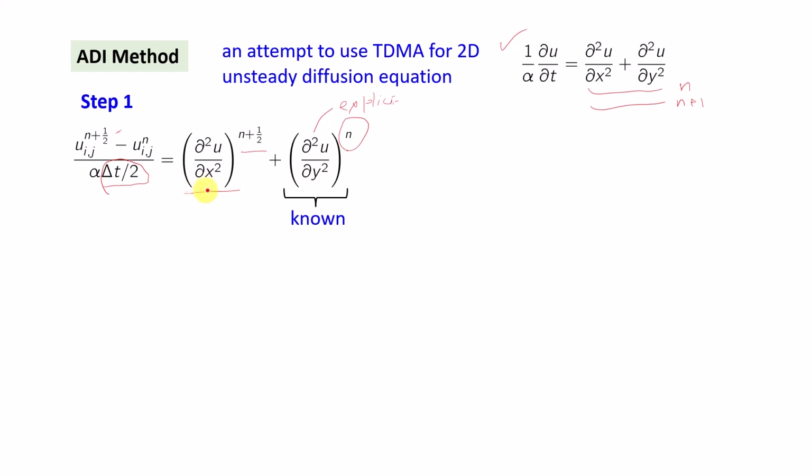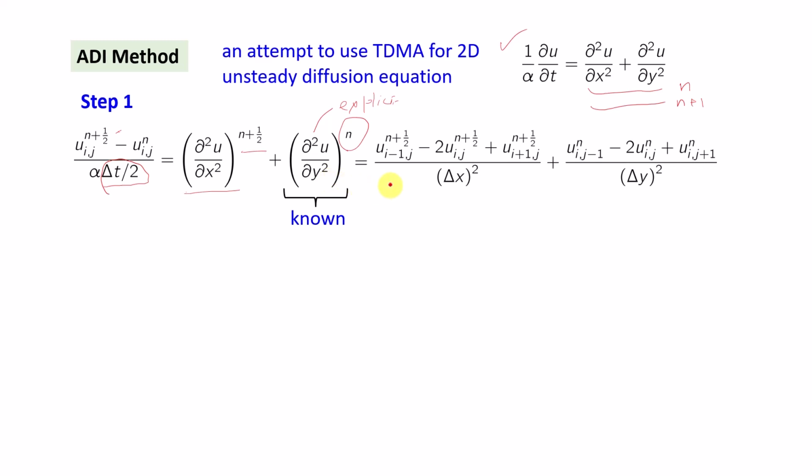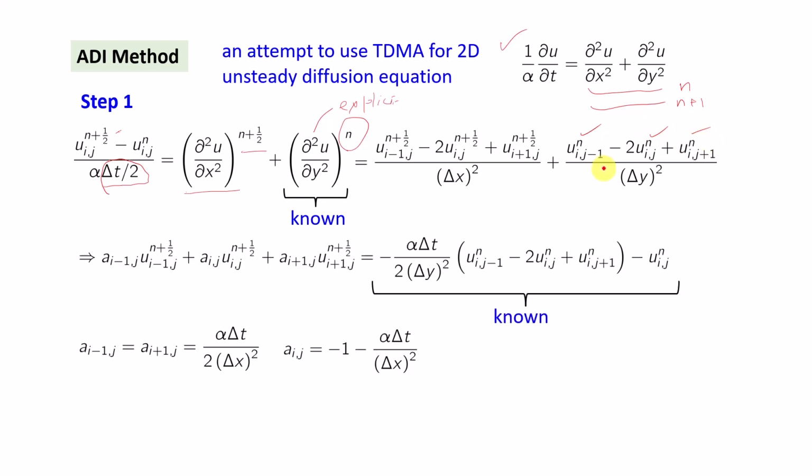Now, if I expand the right hand side of this equation, the first part will look like u i minus 1 j, n plus half, minus 2 u ij, n plus half, plus u i plus 1 j, n plus half, divided by delta x square. The second part is very similar, except that all of them are at the nth time level. Now, if we arrange this equation properly, you see that I have kept the n plus 1 by 2 terms on the left side and the remaining terms on the right hand side.